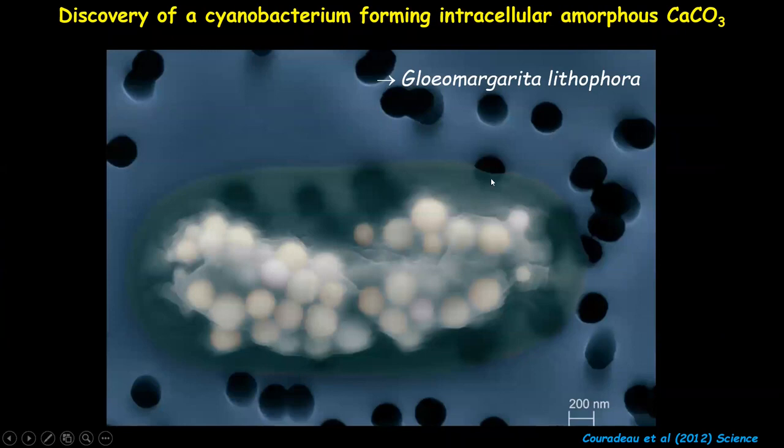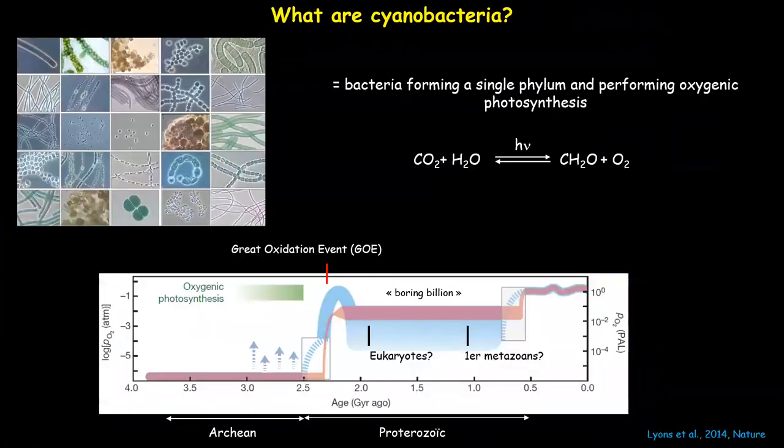And you see a cell, and this cell is filled with those globules that we analyzed by diverse techniques and showed that they were amorphous carbonates. And so we also identified this microbe, and this microbe is a bacterium, and more specifically, it's called a cyanobacterium.